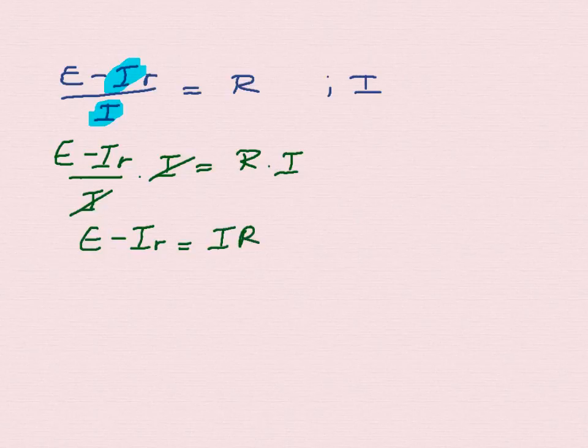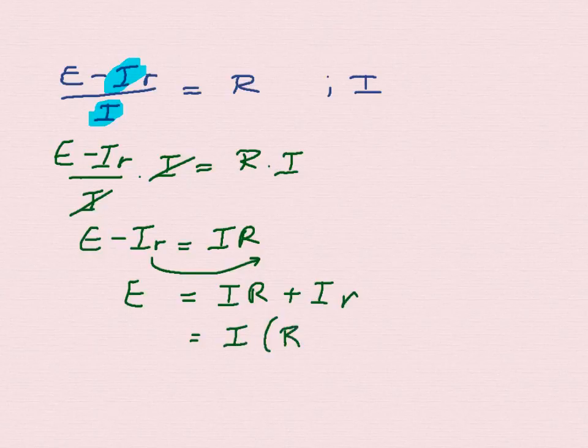And the rules say get all the terms together that you want to solve for. I want all the big I's together. If I move this I to the right, it becomes positive. The E would stay on the left. And I would have IR capital plus IR lowercase. Now remove the capital I by dividing it out of both terms.